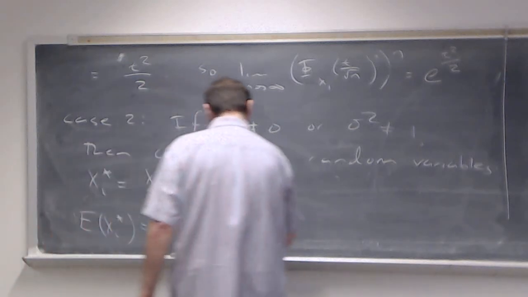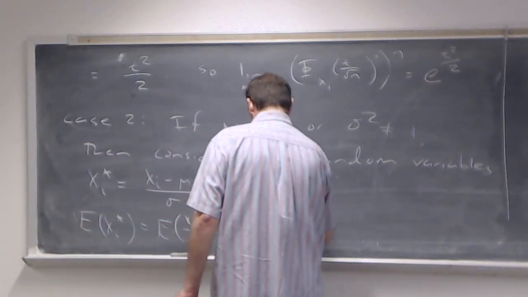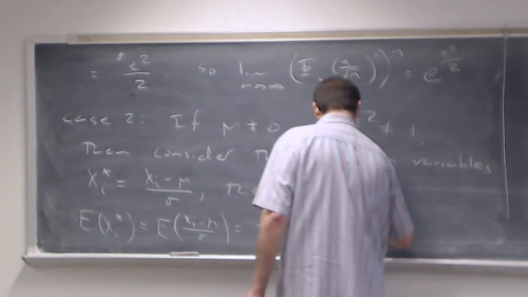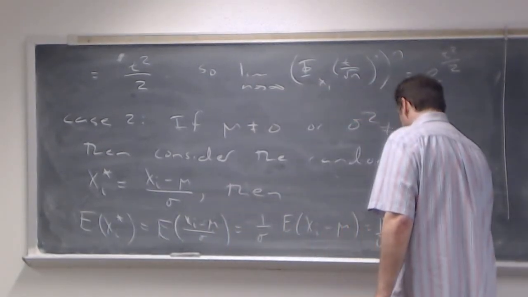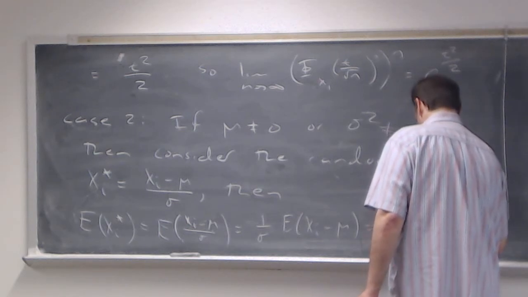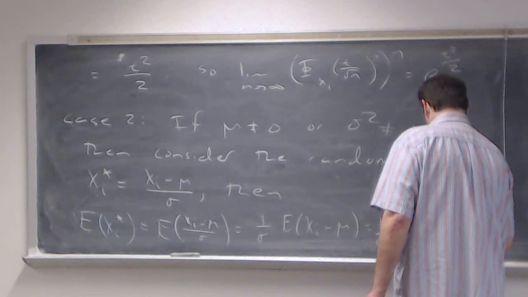The sigma in the bottom can be pulled out, and then it's the expected value of x sub i minus mu, which equals 1 over sigma times the expected value of x sub i minus the expected value of mu.